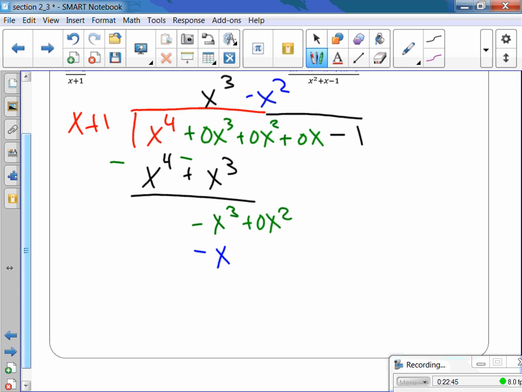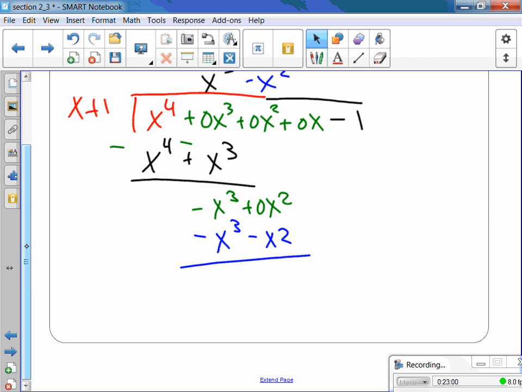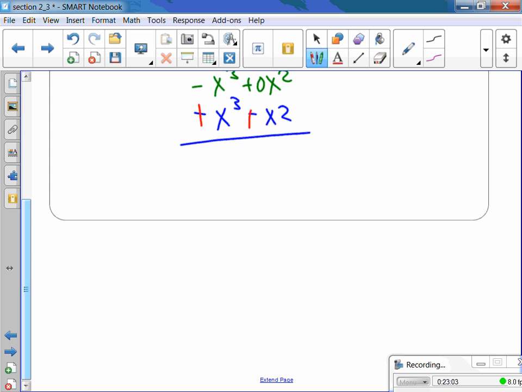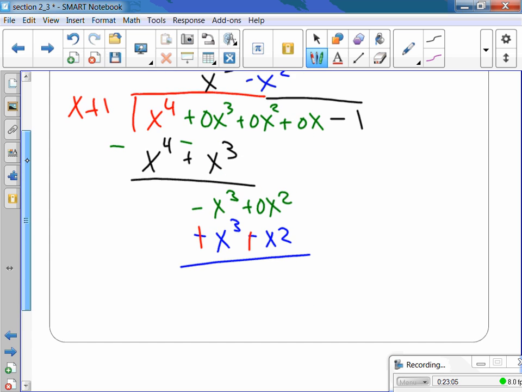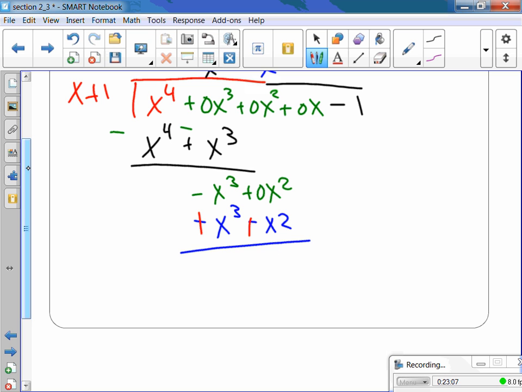Absolutely. And from there, Nick, what do we do? Subtract it, so x cubed plus x squared. Absolutely.